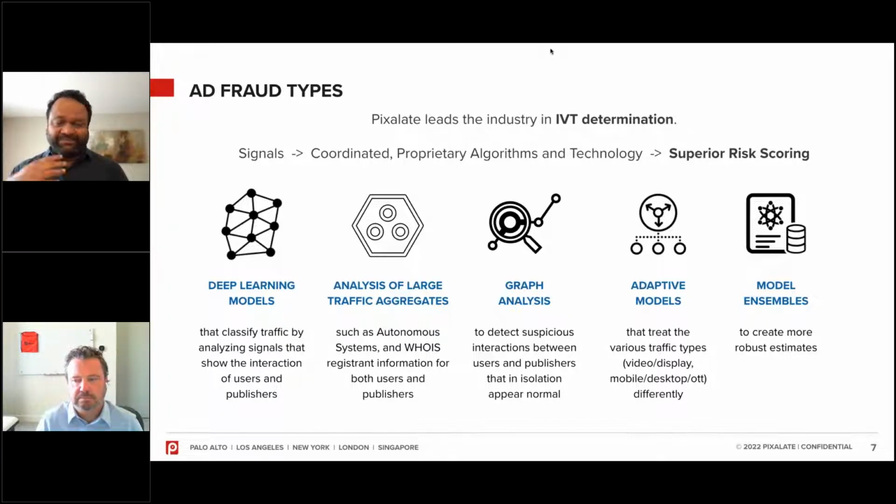Apply, whether it is machine learning or analysis of different graphs, a whole range of models that look at the behavioral patterns, look at user as well as publisher and seller patterns, look at the supply chain, all those kinds of things, and really have a superior risk rating, if you will, around IVT detection. So basically, a lot of thinking and processing goes into trying to figure out what is IVT and what is not, across both SIVT and GIVT. On the next slide, Calvin.